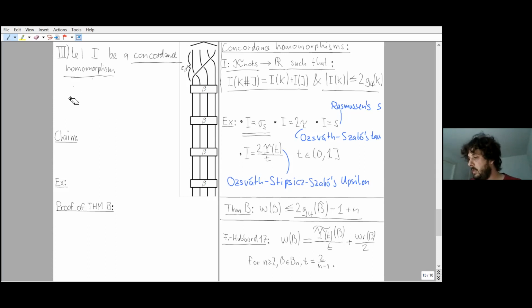Oh, let me maybe define it. So homogenization of an invariant is simply defined as, again, you take the limit as k goes to infinity. In the end, I will divide by k. And what do I do? I apply the invariant to the braid to the kth power, and then you take the closure.